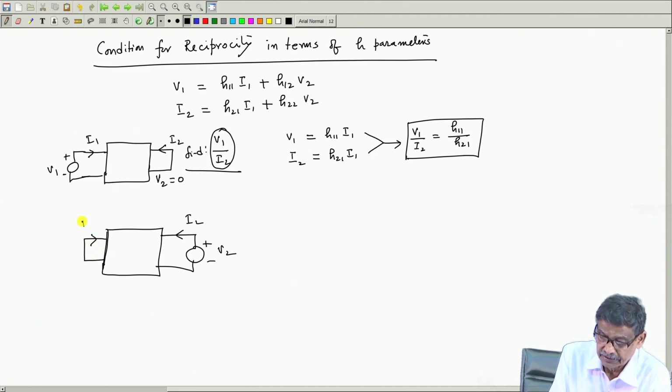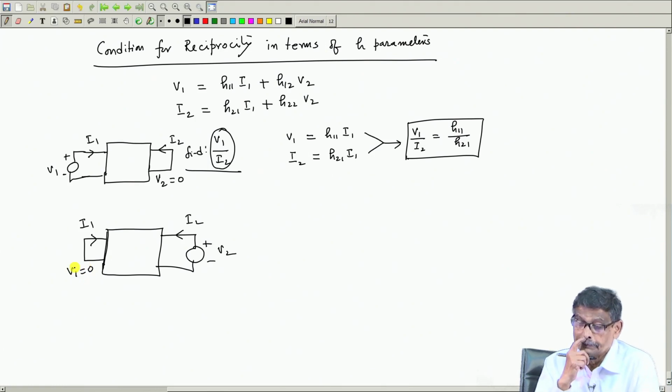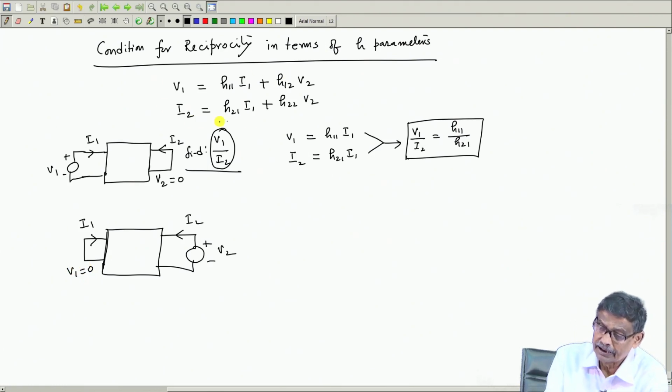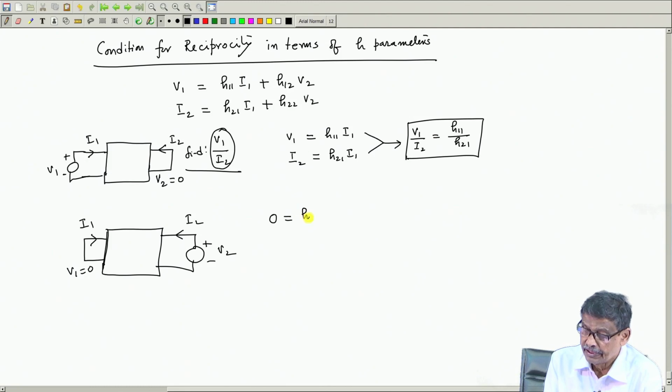So, that I 1 is there, but V 1 equal to 0. So, once again go back to these fundamental equations, and with V 1 equal to 0, the first equation will give you 0 is equal to H 1 1 I 1 plus H 1 2 V 2.